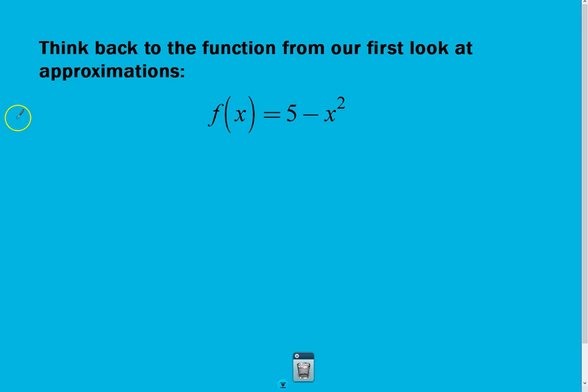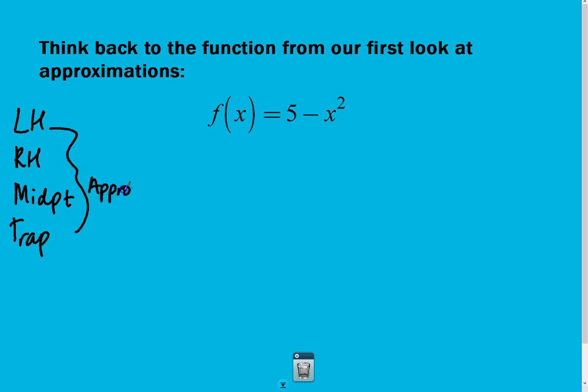What were the 4 different ways that we could do approximations? We had left hand, right hand, midpoint, and the trapezoidal method. I'm not going to go through all those individually, but these were all of our approximations. Then, to get it to be exact, we took the limit, and we had the limit definition of area.